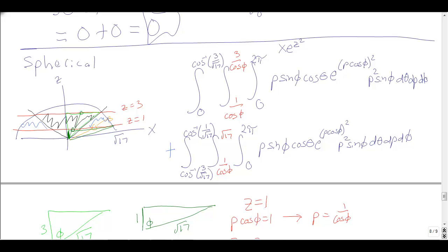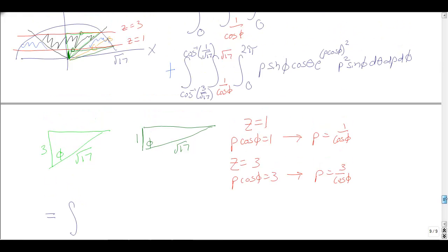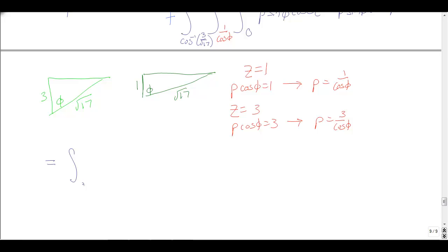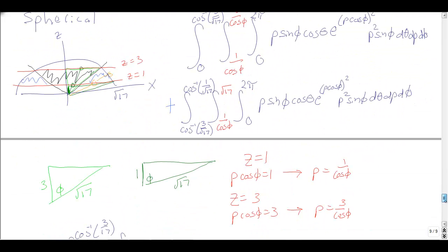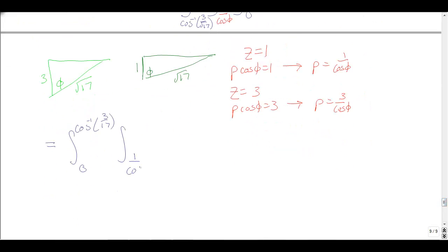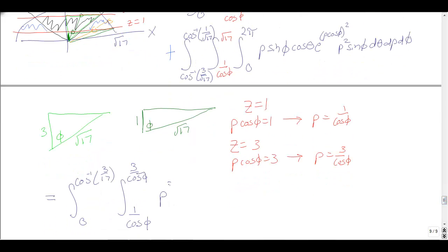Our first integral, go down here, was an integral from, let's see, I forget what it was. It was 0 to cosine inverse 3 over square root of 17. The next bounds went from 1 over cosine phi to 3 over cosine phi. And then the thing I'm integrating, it's going to be the same thing here. I get rho cubed.